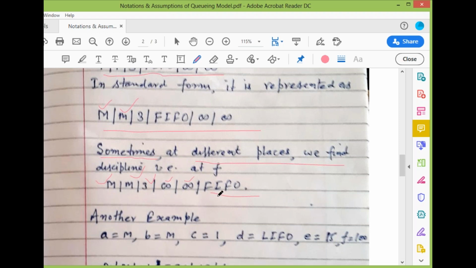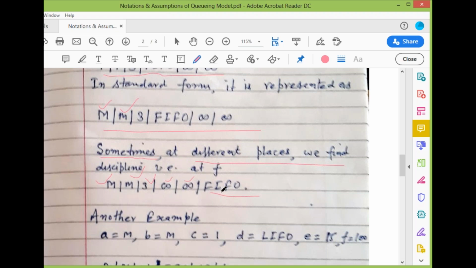But Taha has expressed in his book that Taha has searched only the last one, that is the source population, the size of the source population.